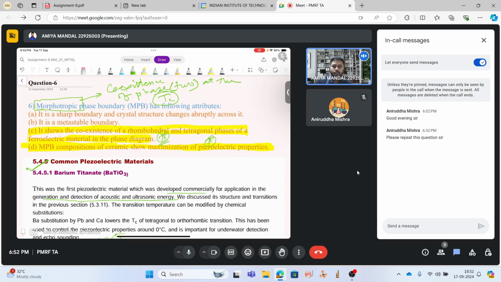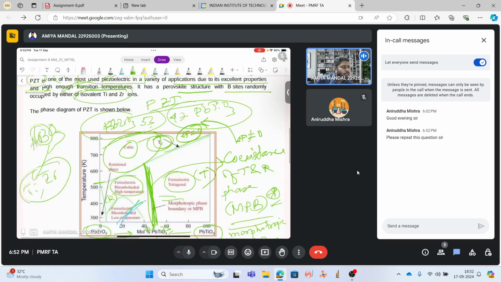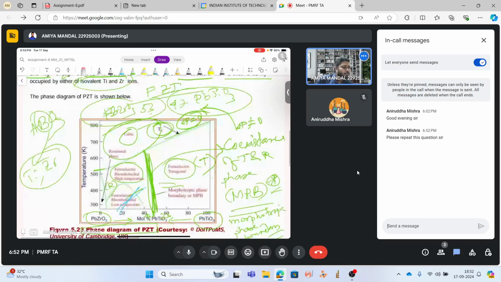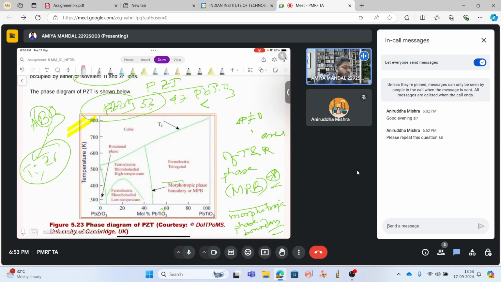So you can see, just look at this figure. You can see that there is a phase transition. This region mainly contributes the rhombohedral phase, and this is the ferroelectric tetragonal phase.